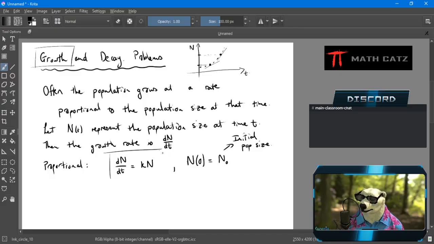Let's just make that a specific constant. I could start with 100 individuals. I could start with 10,000 bacteria. It depends on the situation. So here we have our basic population growth initial value problem, differential equation with an initial value so I can actually find a particular solution.